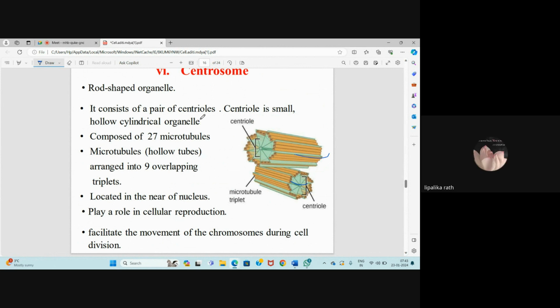Ma'am, framework, you can say. Yes, you can say. It's a good word, framework. So centrosomes are mainly providing the framework of the cell.